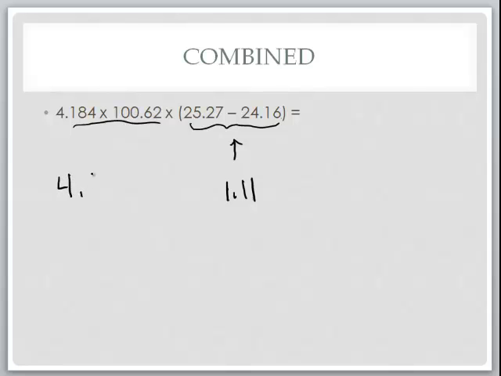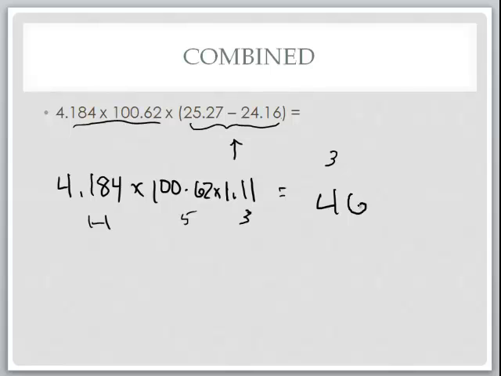We essentially have 4.184 times 100.62 times 1.11. 4 sig figs, 5 sig figs, and 3 sig figs. So since these are all multiplication, our answer is going to have 3 sig figs, so 4.184 times 100.62 times 1.11, we get 467.3. Round to 3 places, 1, 2, 3, so our answer would be 467.